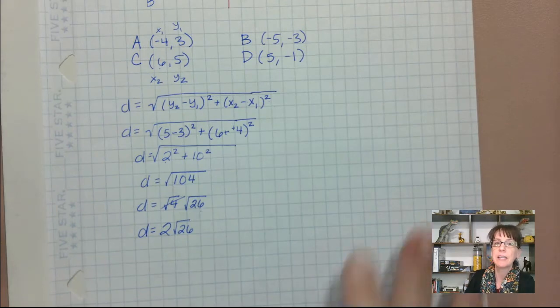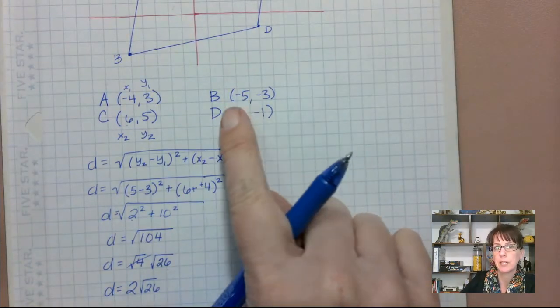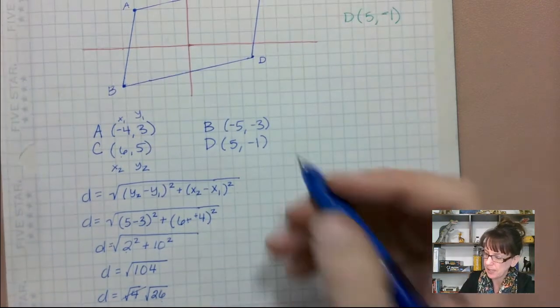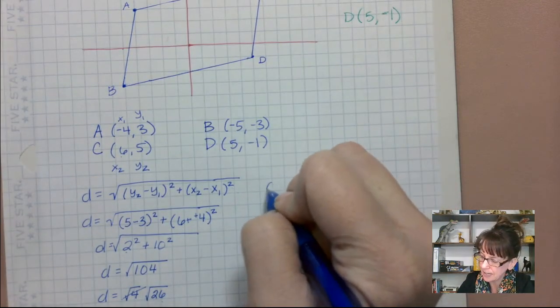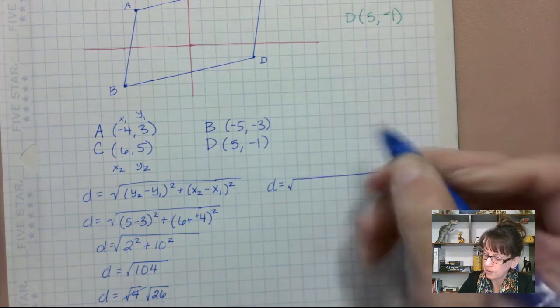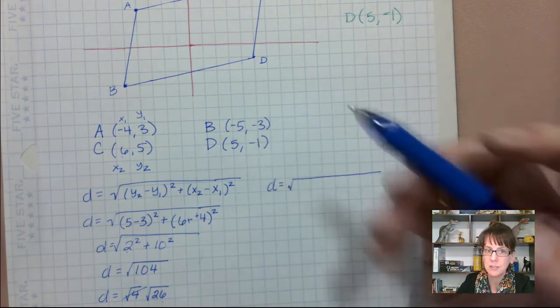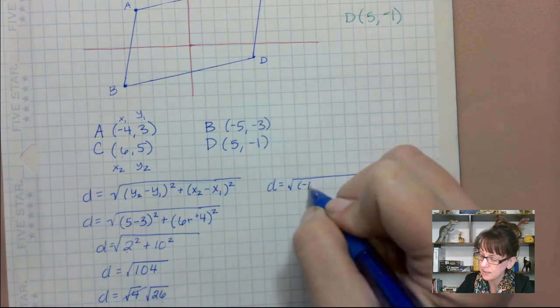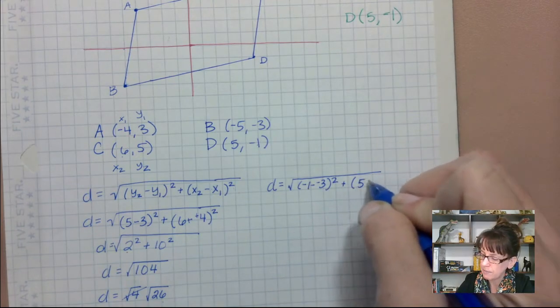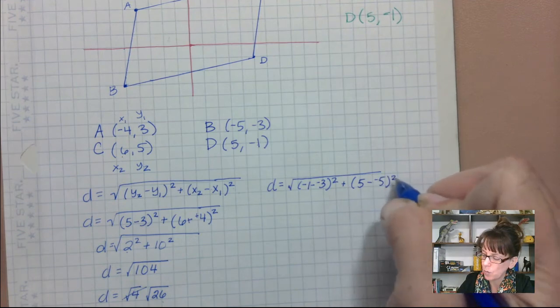Now, the next part that I'm going to do is the distance between B and D. The distance there is going to be this minus this, so negative 1 minus negative 3 squared plus 5 minus negative 5 squared.